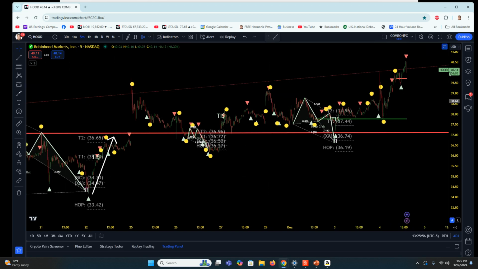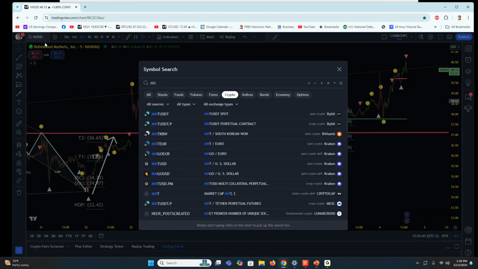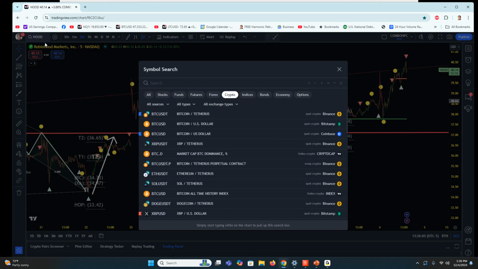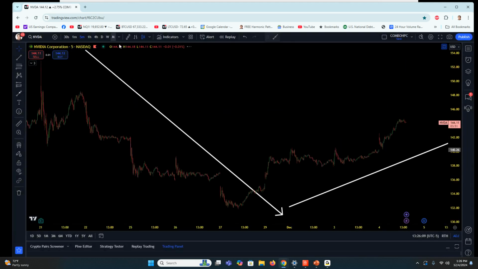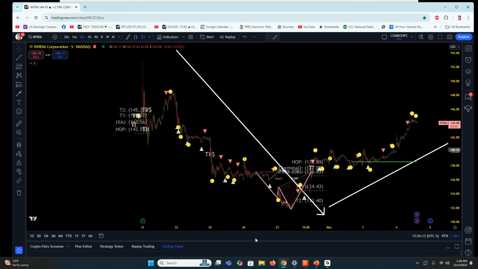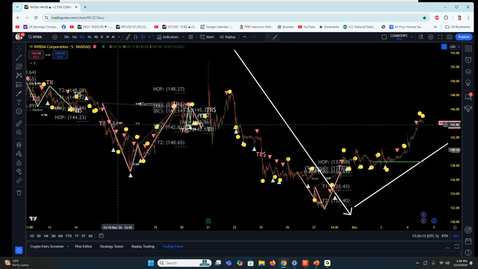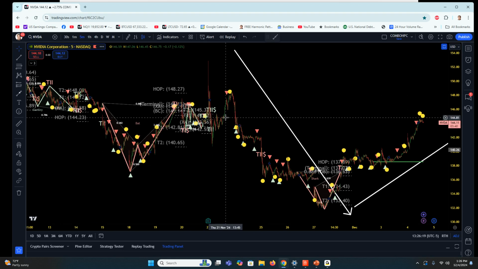So my recommendation is go through some of the bigger ones. You can do that on Nvidia, Apple, Meta, like this. Here's Nvidia 5-minute. You're getting plenty of patterns on those 5-minute charts. There's the 5-minute. Gartley, there's a T1, another one.